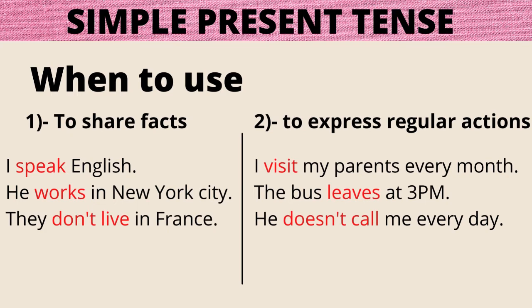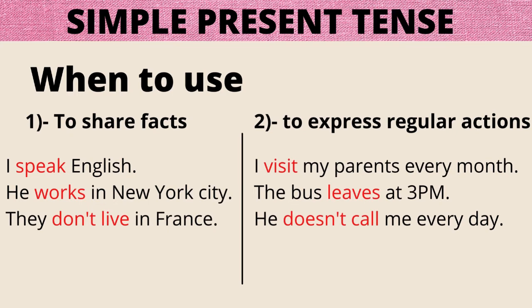The second use of simple present tense is to express regular actions, so especially this is for items in a schedule or timetable. When I say schedule or timetable, I mean, for example, something that happens every day at the same time, or every week, or every month, or every year.